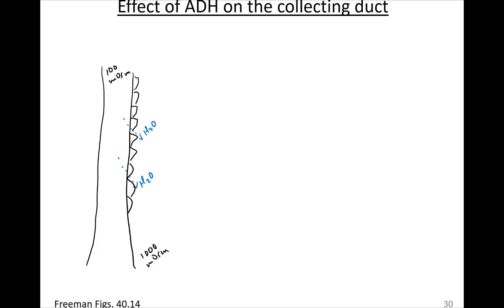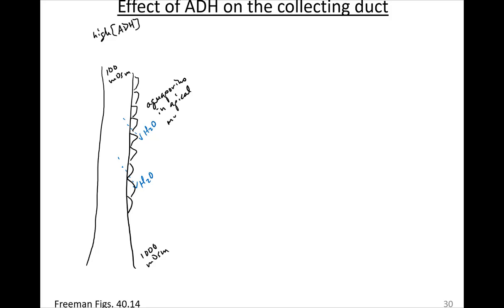And so in the presence of high levels of antidiuretic hormone, there are plenty of aquaporins. Specifically, we can say there are plenty of aquaporins in the apical membranes of these cells.